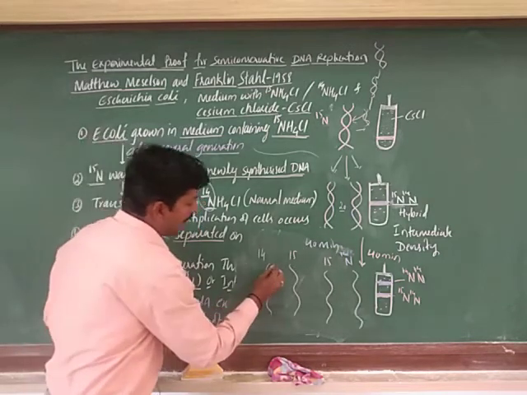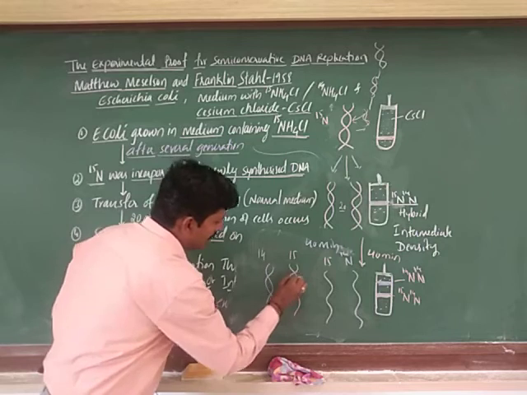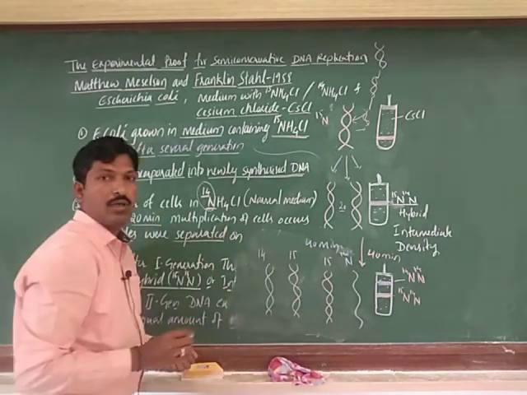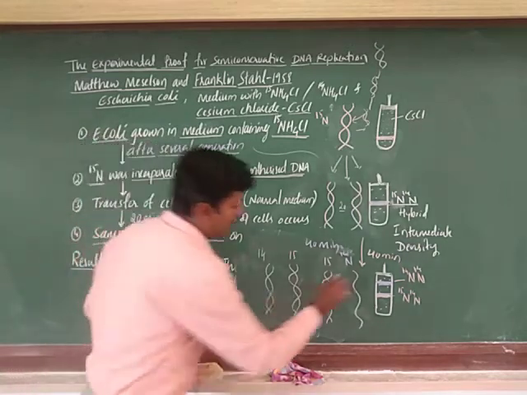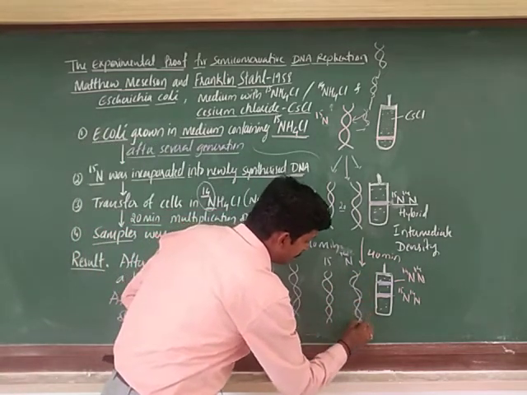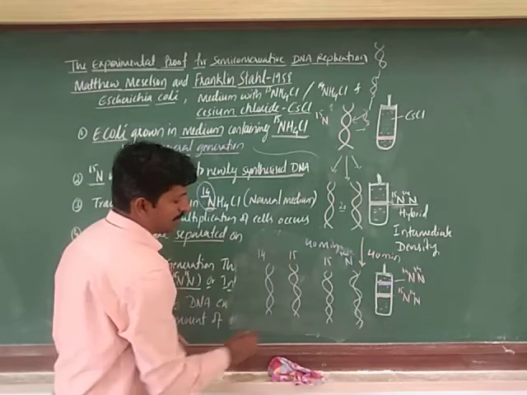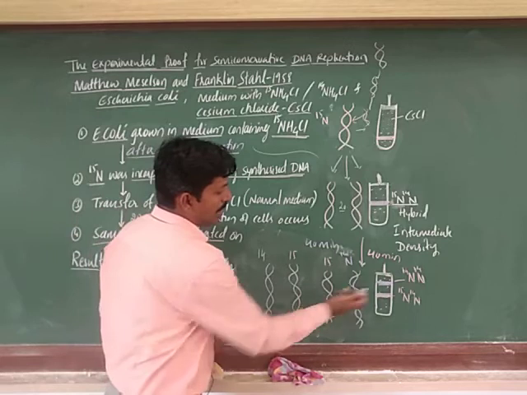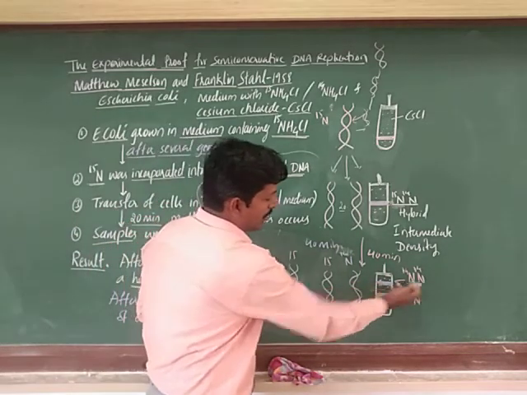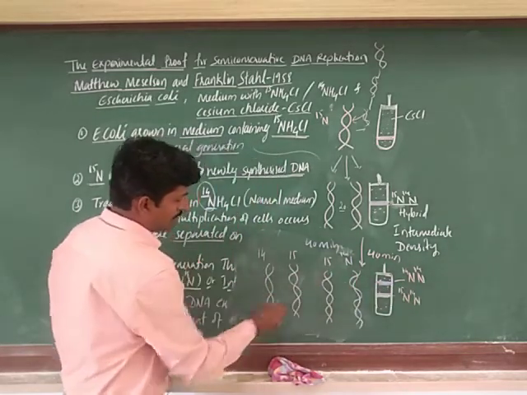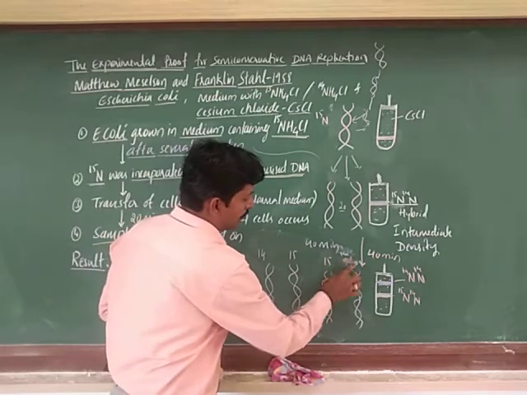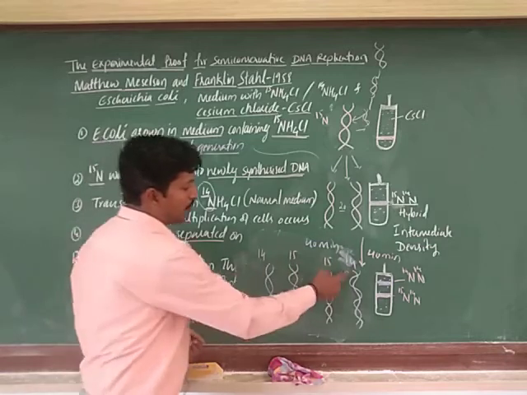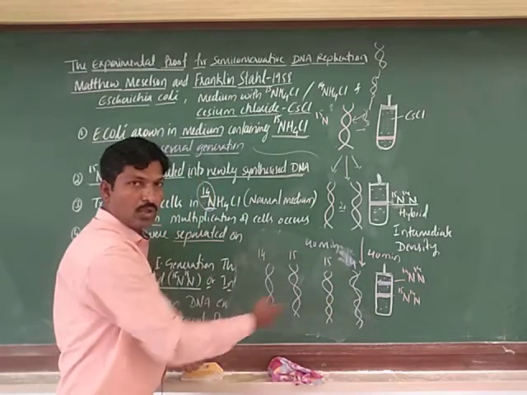All of them are incorporated with the normal nitrogen, right. So 50% of the new strands appear here, and both are said to be N14, and both strands of these daughter molecules are N14.